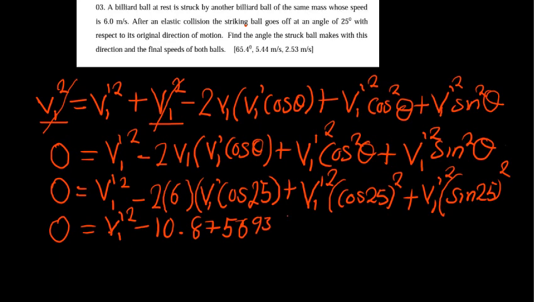Plus, when you punch in cos 25 squared, it's giving me 0.82139. There are a lot of decimal places to keep here.